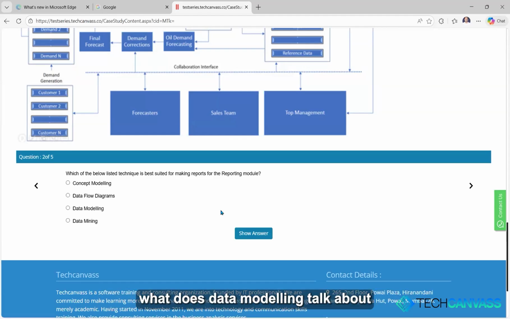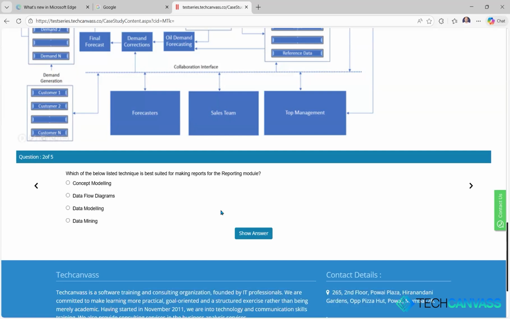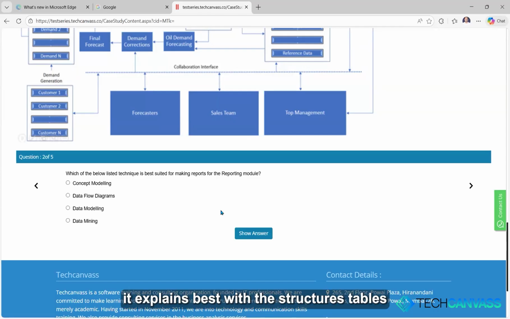What does data modeling talk about? I think it was you, right? What was your thought for data modeling? Data modeling defines the data sources, and it is used in a reporting module. It explains best with structures, tables, relationships, and fields.